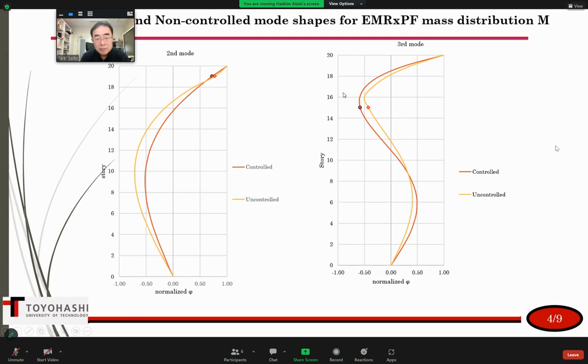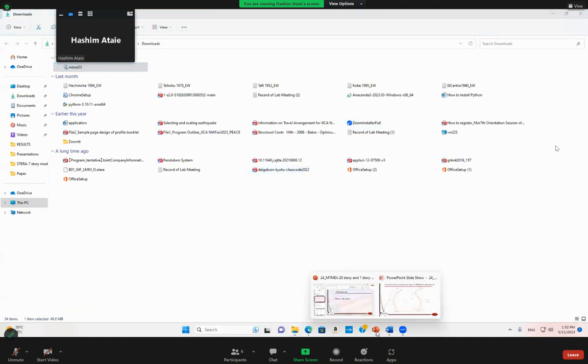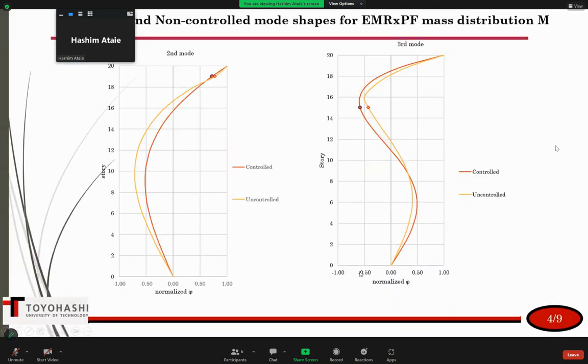The right side is when I installed the first and second TMD, and consider the first mode of the controlled structure, that is the third mode of the original structure. So in conclusion, we can say that in this case, the equation of TMD in case of controlled structure is also the same.